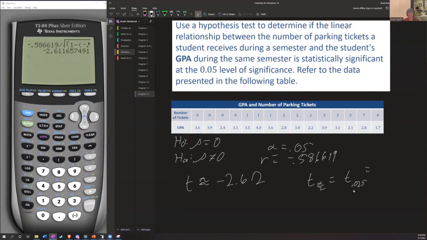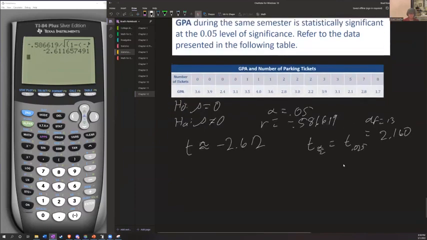Degrees of freedom is n minus 2 for these. So my degrees of freedom here is 13. So taking a look here in my T distribution table, I get 2.160. Okay.